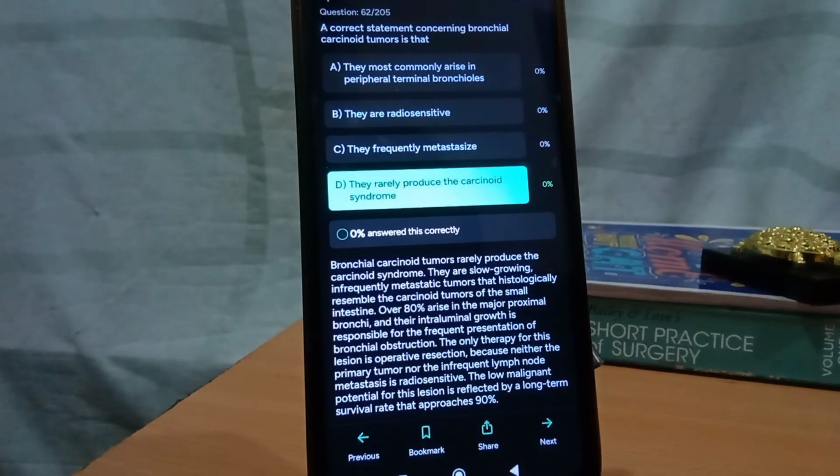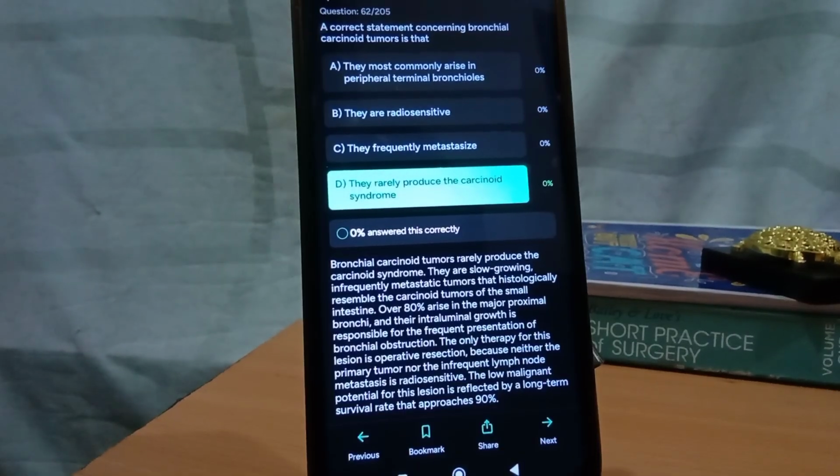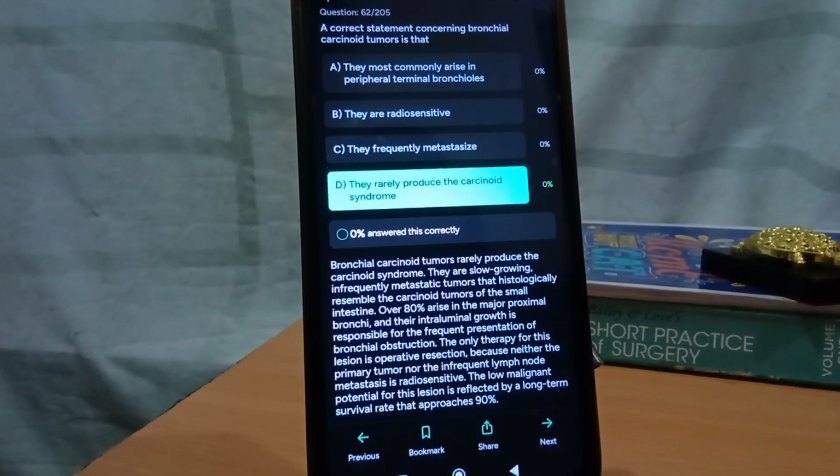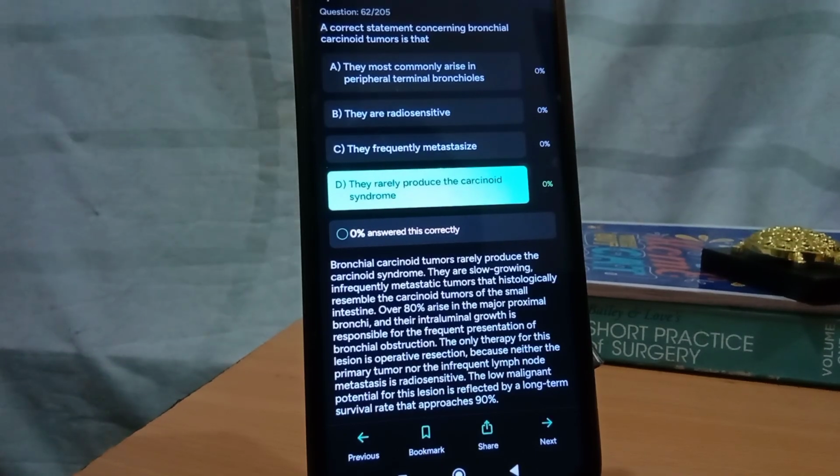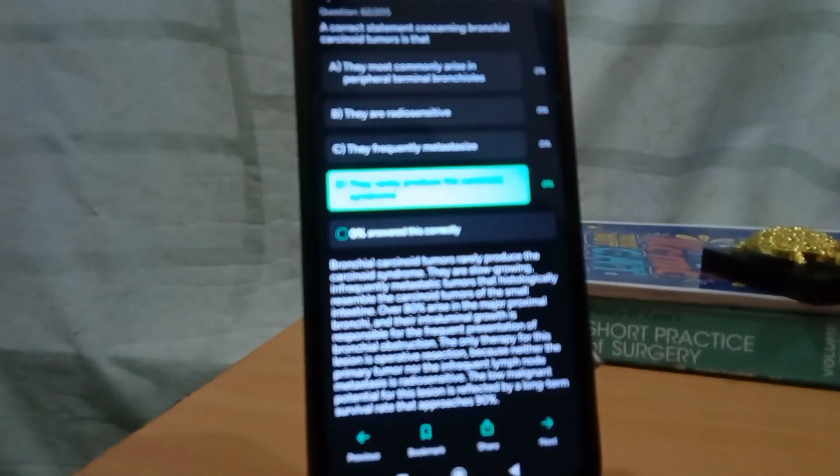A correct statement concerning bronchial carcinoid tumors: options are that they most commonly arise in the peripheral terminal bronchioles, they are radiosensitive, they frequently metastasize, or they rarely produce a carcinoid syndrome. So bronchial carcinoid tumors rarely produce a carcinoid syndrome. They are slow-growing, infrequently metastatic tumors that histologically resemble the carcinoid tumors of the small intestine.